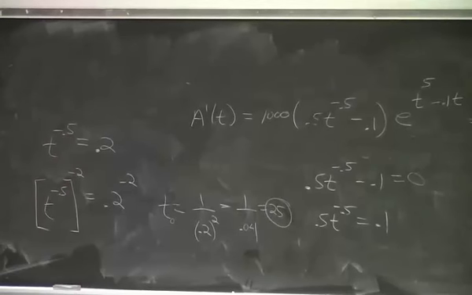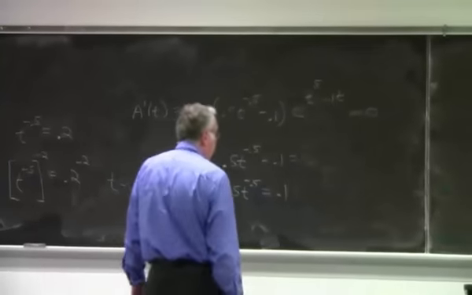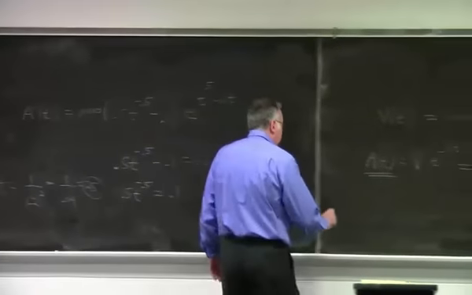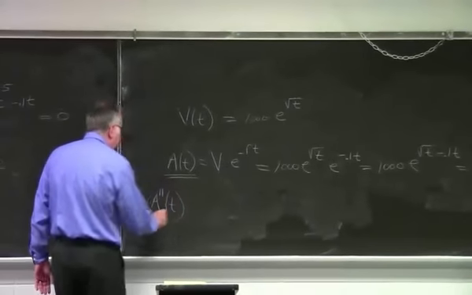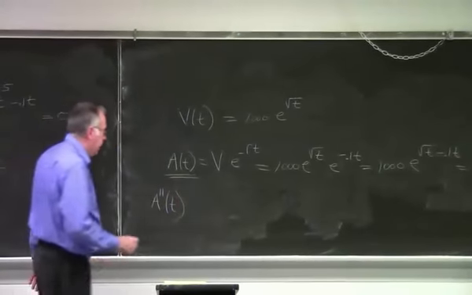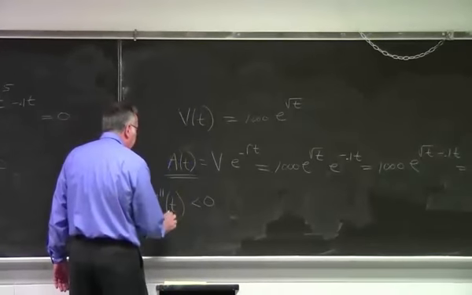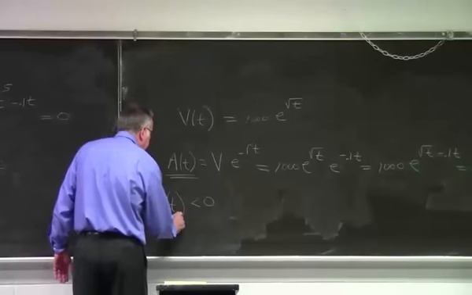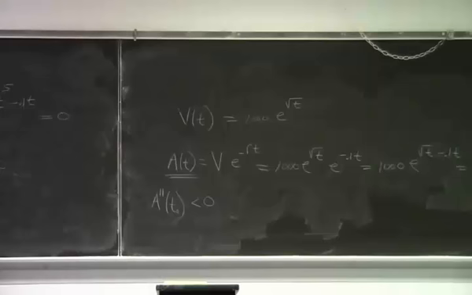And since we're running out of time, I'll leave it for you to show, this is a little bit tricky, that the second derivative of A with respect to time is definitely negative at the critical value of t. That's all we needed, for it to be negative at the critical value of t. Okay. And I'll let you work on this.